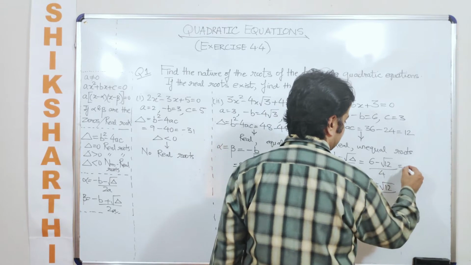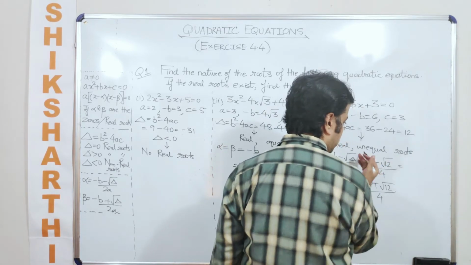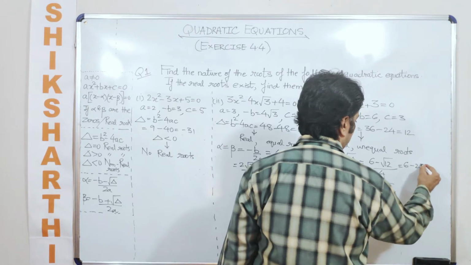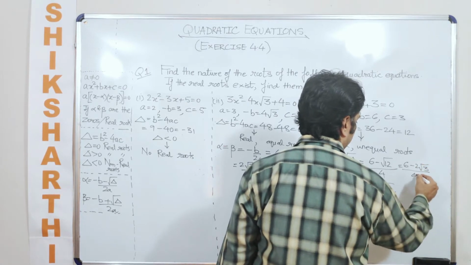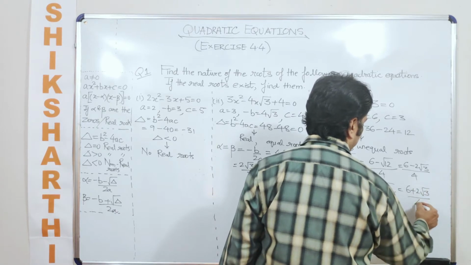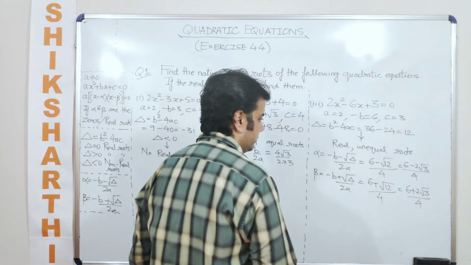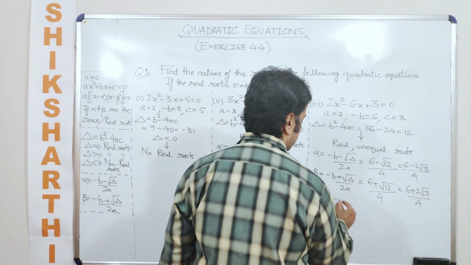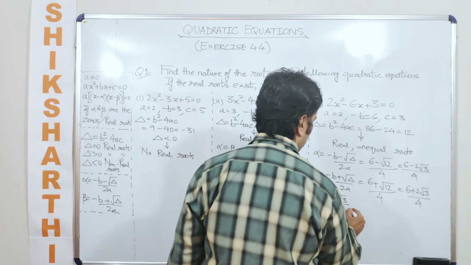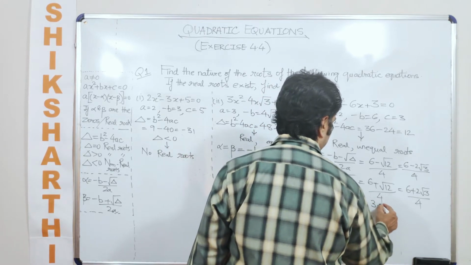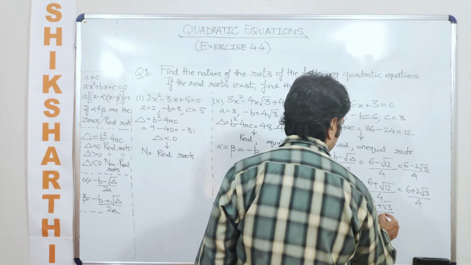Now this is just like saying 2 square into 3, so a 2 comes out. So you will be able to say that this is 6 minus 2 root 3 upon 4, and this is equal to 6 plus 2 root 3 upon 4. So you can cancel it out with a 2. In that case, the final value of alpha will be 3 minus root 3 upon 2, and the value of beta here will be 3 plus root 3 upon 2.